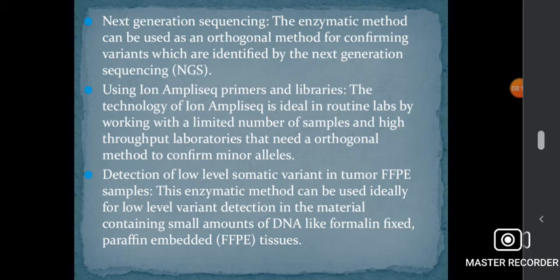The next application, detection of low level somatic variants in tumor FFPE samples. This enzymatic method can be used ideally for low level variant detection in material containing small amounts of DNA, like formalin fixed paraffin embedded tissues.